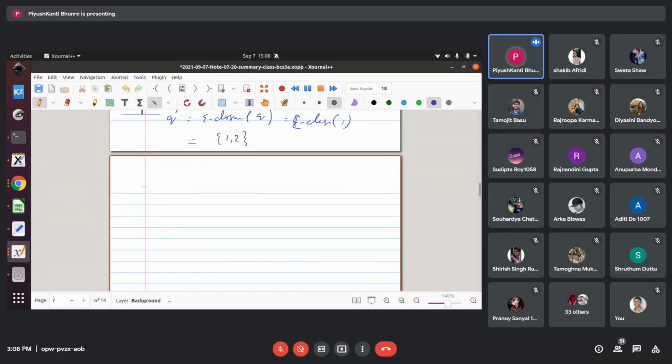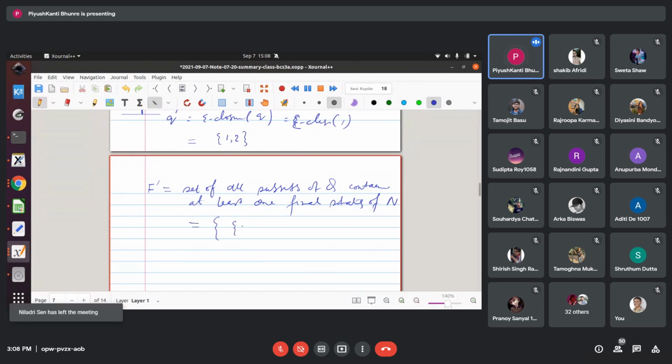Fine. So what is the set of final states? It is the set of all subsets of Q containing at least one final state of N. State 2 is the final state, right?